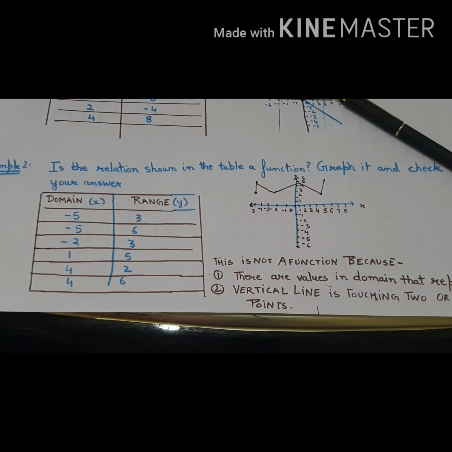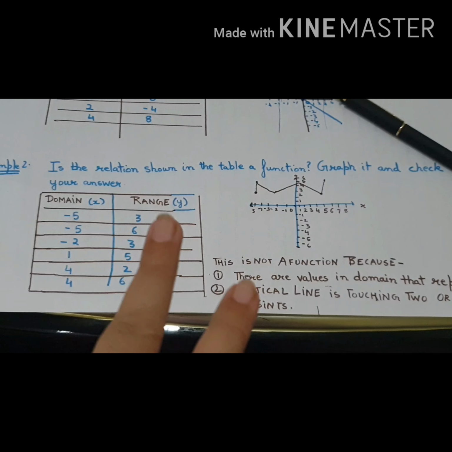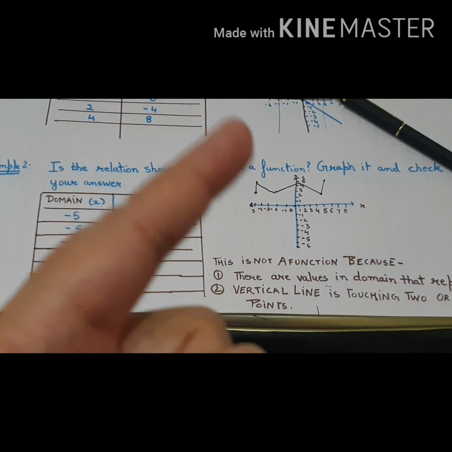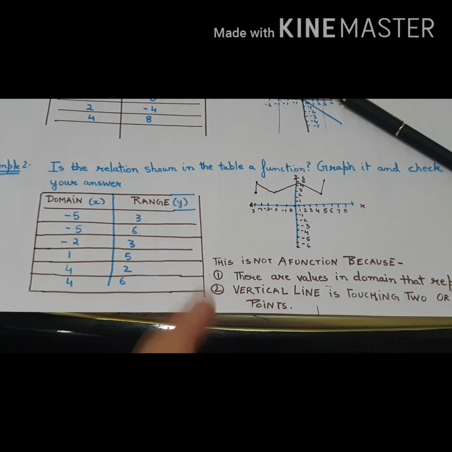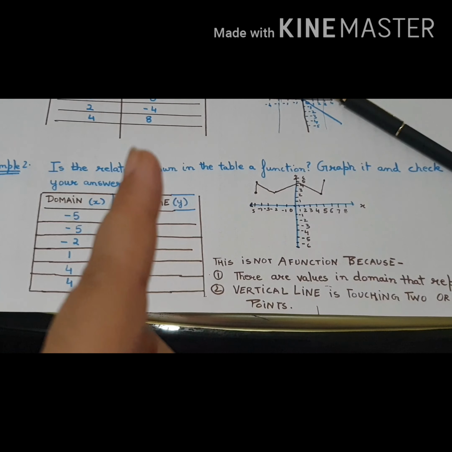So now I think your concept is clear. What are relations, lines and functions, what is domain, what is range. How you can justify whether this is a function or not, while keeping two things in your mind. First, the value of x should not be repeated. Secondly, you have to make a graph and check the vertical line test.